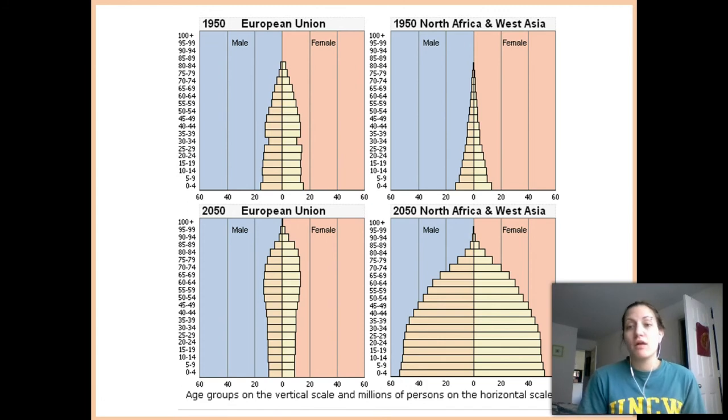Now, someone made a note, and it's a really fair note. We don't really see this in Central Africa, even though they have such high TFRs. Because when we watched that population video, remember, back in the day, and when I say back in the day, I mean hundreds of years ago, you had a lot of births, but you had a lot of deaths. And we kind of addressed those deaths with food, with healthcare.